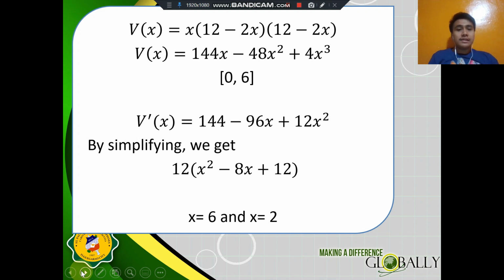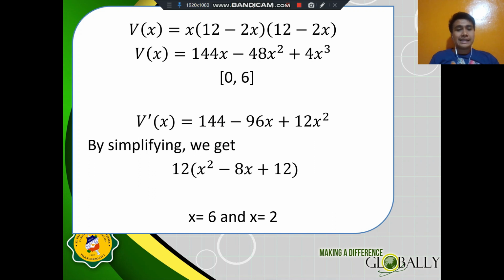As you noticed in our first problem, we had only one critical value, because that function was a linear function, and the function in this problem is a quadratic function.